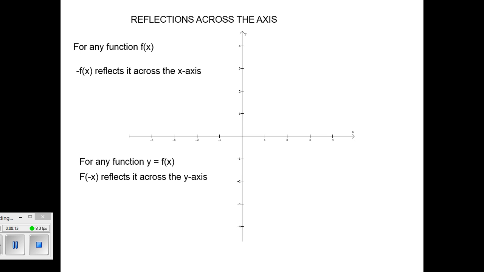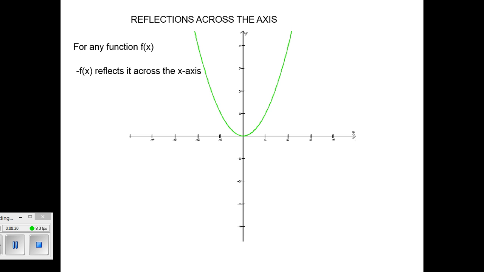Okay, so the opposite of f of x is going to flip across the x-axis. f of the opposite of x is going to flip it across the y-axis. Again, go back and look at those that we looked at previously.